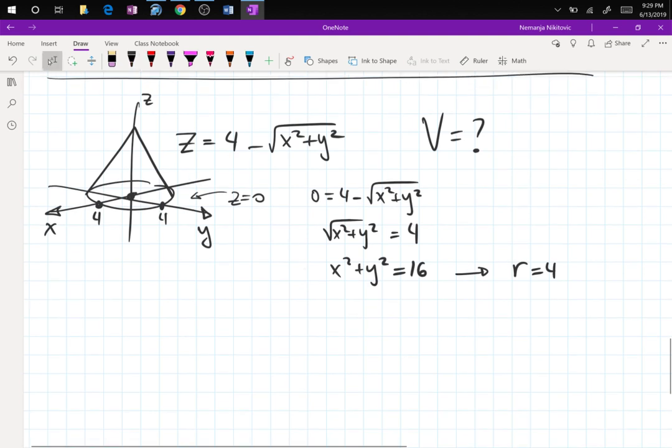set up your polar integral rather than messing with the circles and square roots and all of that stuff. So volume is going to be double integral, and let's plug in the function first. So it's going to be 4 minus square root of r squared. Because anytime you see x squared plus y squared, you are replacing that immediately with r squared.